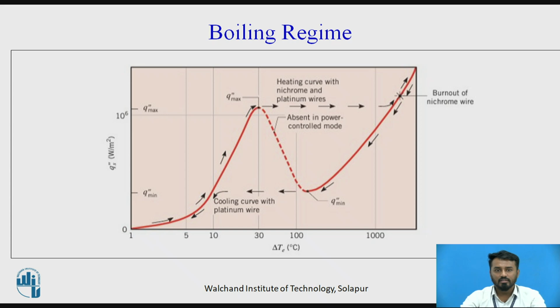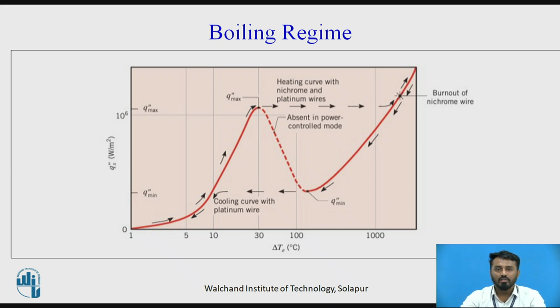If the heating is continued between delta T excess 30 and 100, within that zone the vapor bubbles will form across the nichrome platinum wire. Because of the low thermal conductivity of vapor, the conduction of heat from the wire to the fluid is very low.